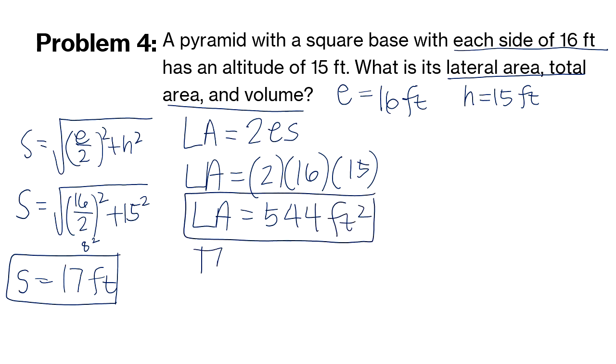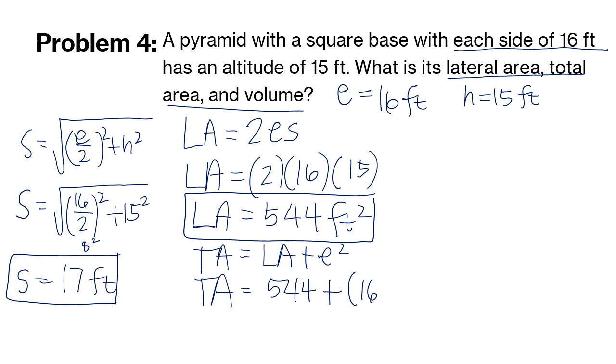For total area, we have lateral area plus the square of the edge. That gives us 544 plus 16 squared. Here we get 800 feet squared.